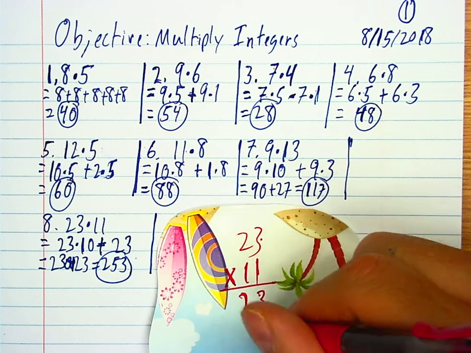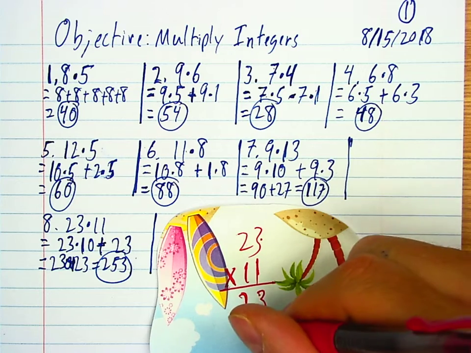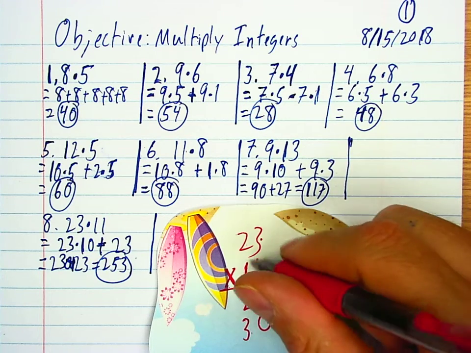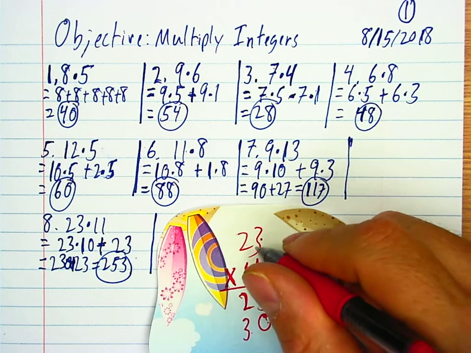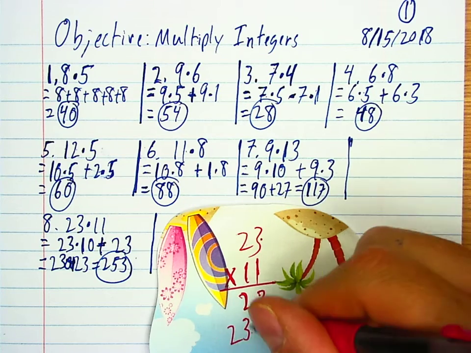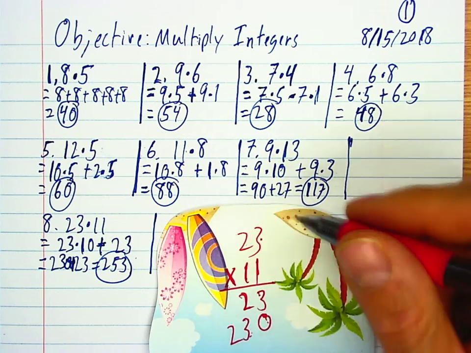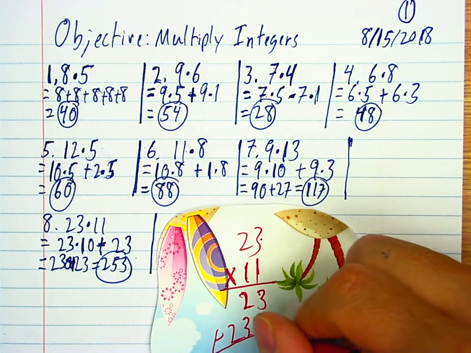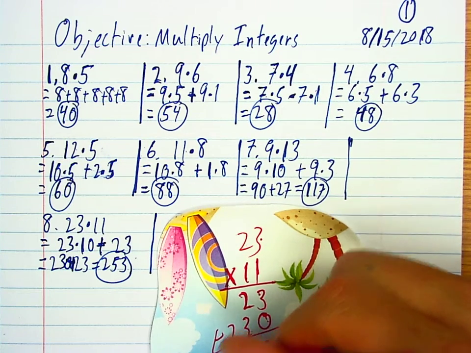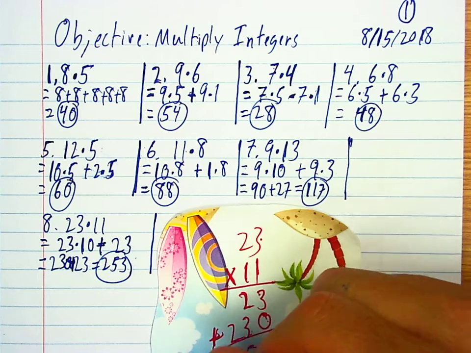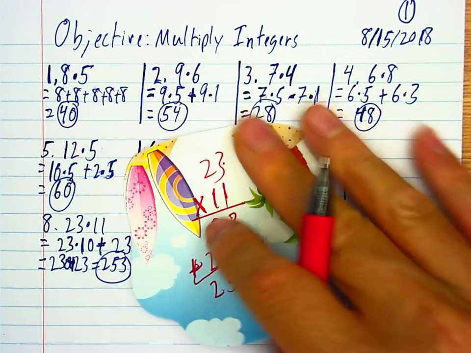So 10 times 3 is 30. So this is why it's a 3 here. And then 10 times 20 is 200. So that's why that's a 230 there, because I did 10 times 23. Anyway, so I get 253 when I add this down. That's a plus sign on the far left, 253.